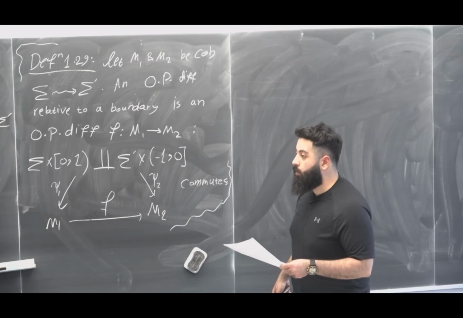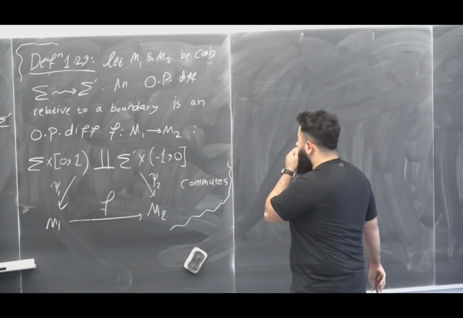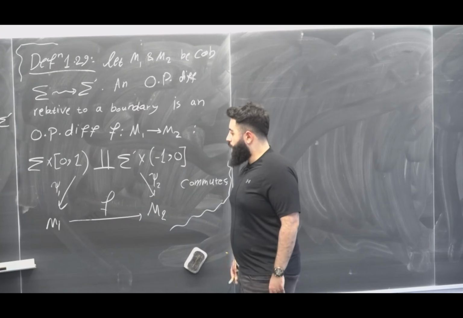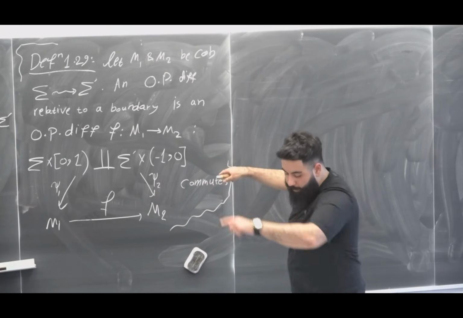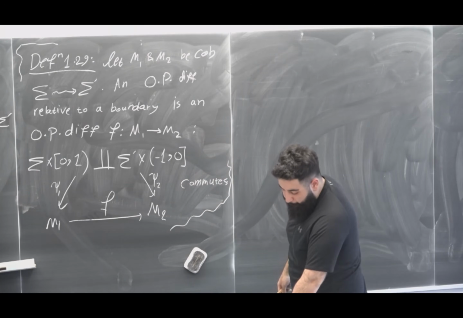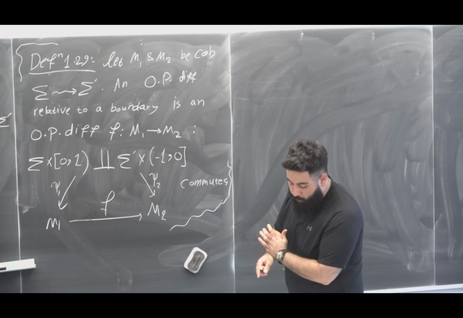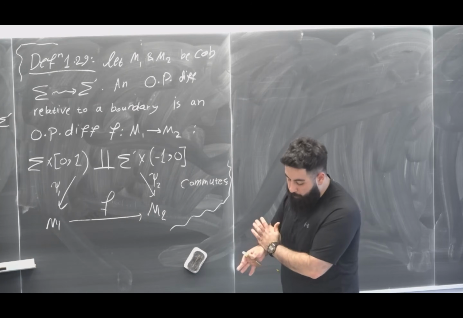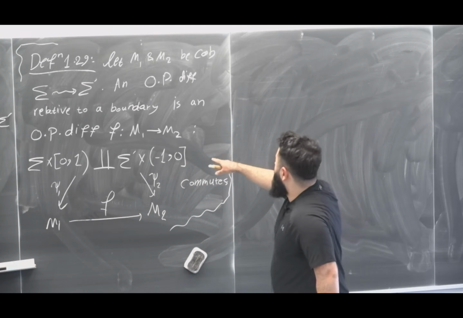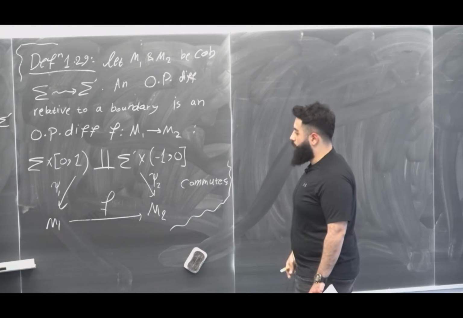So for different choices of U and psi on the same underlying manifold, they are diffeomorphic relative to the boundary as soon as they agree on sigma reversed disjoint union sigma prime.